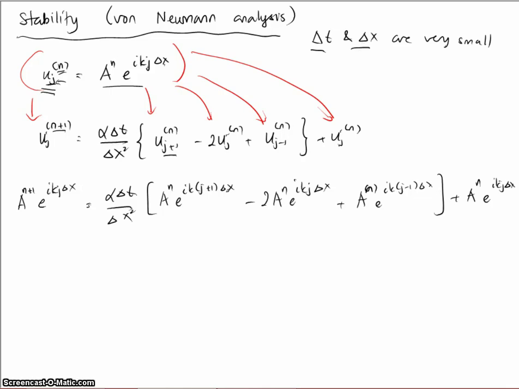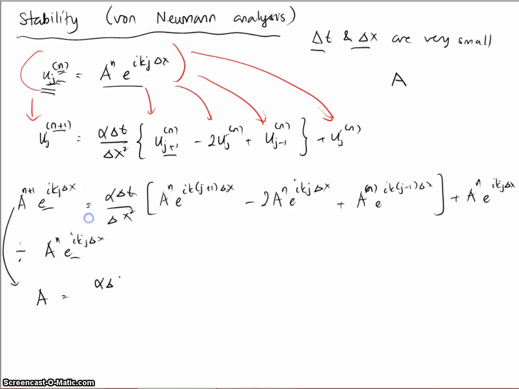Now, once we have made the substitution, we're going to divide both sides by the same expression that we just substituted in. Remember, the whole point of this von Neumann stability analysis is to look at what the expression for A is. If we divide both sides by this expression, the left side ends up being A, because A to the power of n plus 1 divided by A to the power of n is just A, where the exponential term will cancel off.